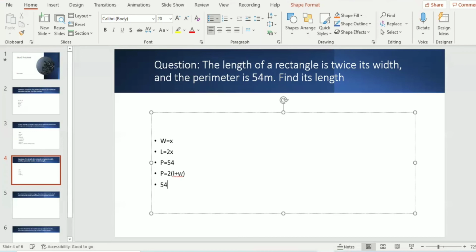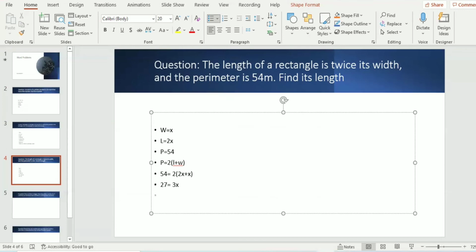The perimeter value is 54, equal to 2 times, length is 2x and width is x. Now 2 is going to divide with 54. So we have 27. 54 divided by 2 is equal to 2x plus x, which is now 3x.